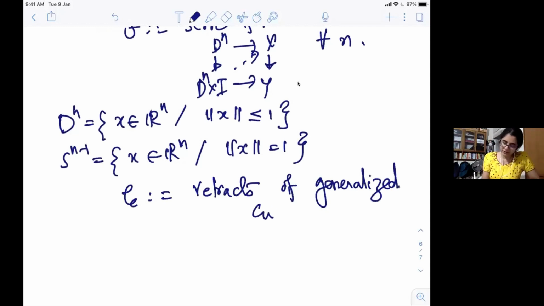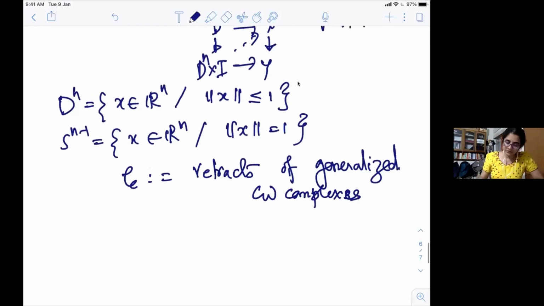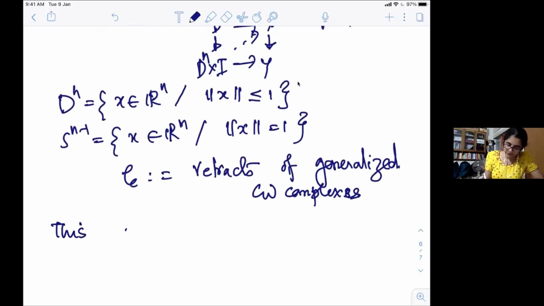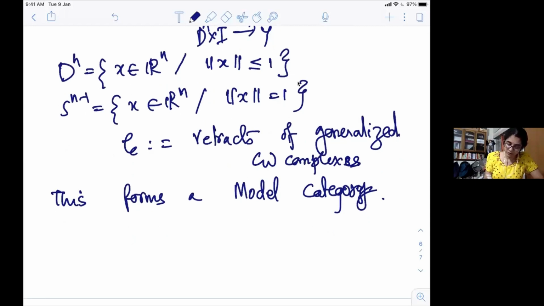By generalized CW complexes, it just means there is no restriction on when we add a cell of dimension n; we are allowed to add cells in any order, not like raising dimension every time. All right, so it turns out that this forms a model category, and this is the one we like to work with when we work with topological spaces.